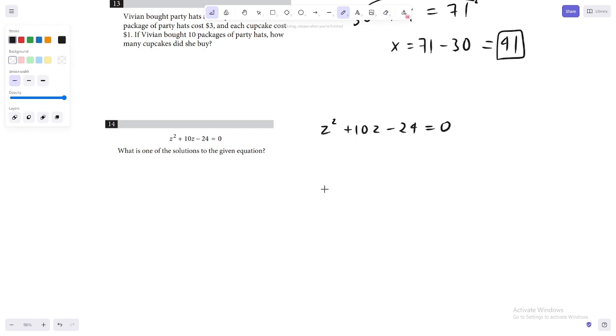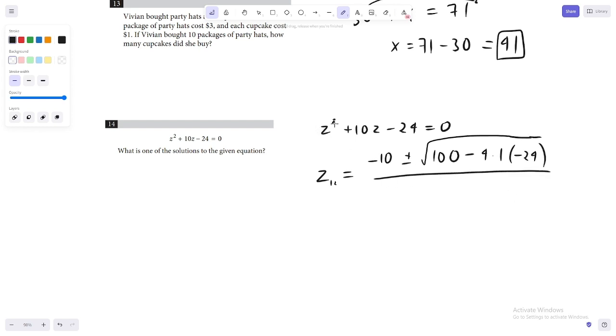So we have the solutions z1 and 2 equal to minus b, so minus 10, plus or minus the square root of 10 squared, we have 100, minus 4 times a is 1, times 1 times minus 24, divided by 2 times 1, 2a.